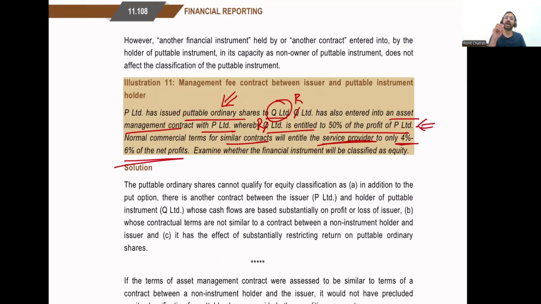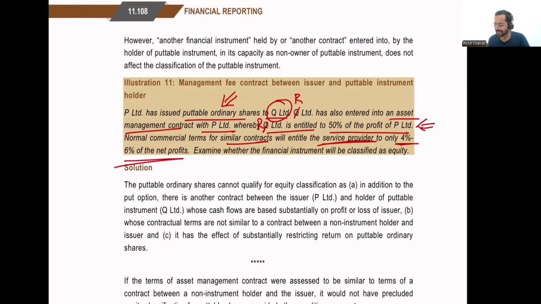Whereas in this case, R Limited is taking 50% of the profits as a consideration, which is clearly at off-market terms. R Limited is taking a higher consideration than general market terms would dictate. General market terms dictate 4 to 6 percent, while R is taking 50 percent of the profits.